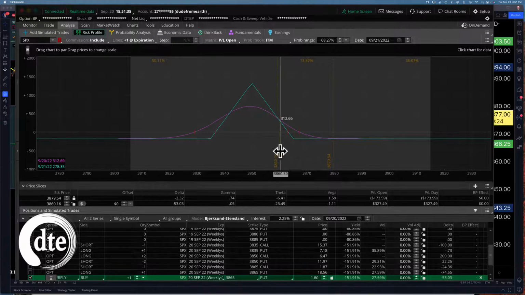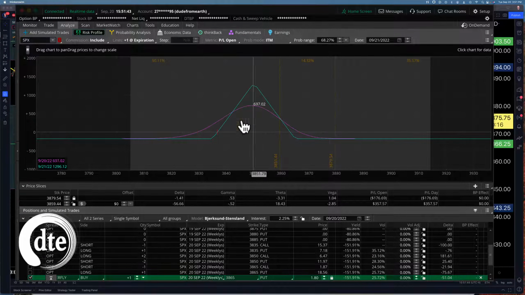All right, so there it is right there. But how do you know that? One of the reasons I get out early a lot, besides the fact that I tend to take quicker profits. Every once in a while, I just feel good about a trade and I just let it go and run into expiration.